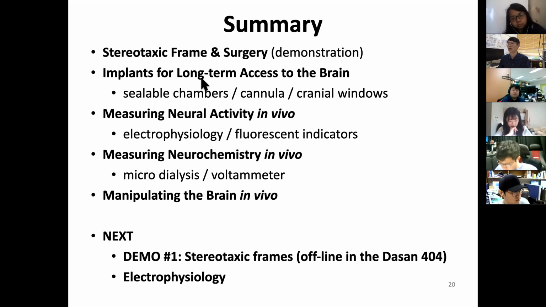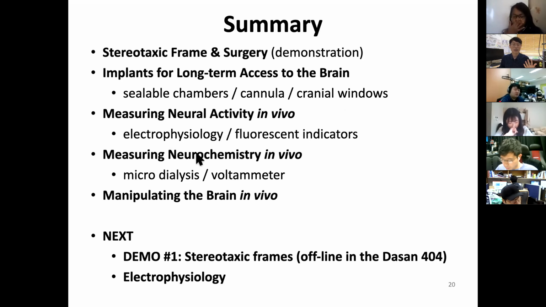And we talked about implants for long-term access. Typically when you do the surgery, the window sometimes cannot last long, maybe not even several weeks, okay? So for that, we can have a chamber, or if we are not using imaging, you can put in a cannula, or for imaging, you can have a cranial window. Measuring activity in vivo, we can use electrophysiology or fluorescence indicators.